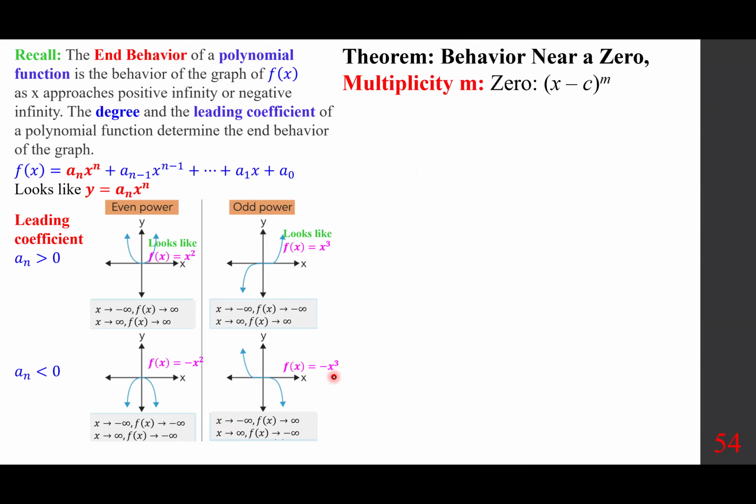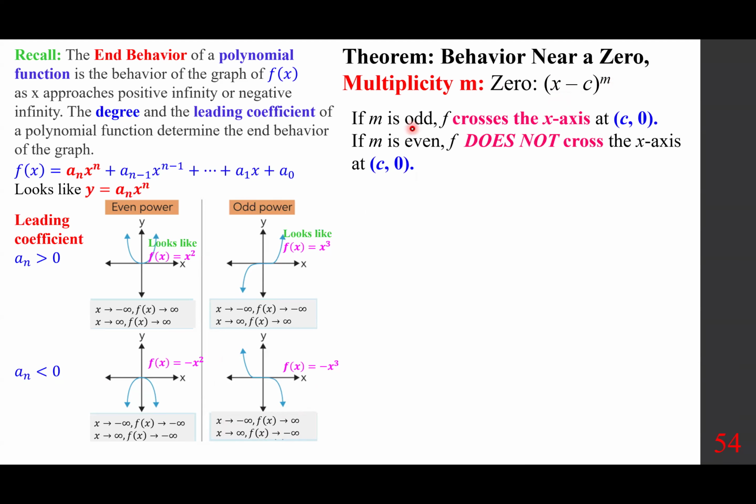The other theorem is behavior near a zero. It depends on the multiplicity of the zero. x minus c to the power of m has multiplicity m. If m is odd, f crosses the x-axis at c. If it's even, f does not cross the x-axis. It bounces back.